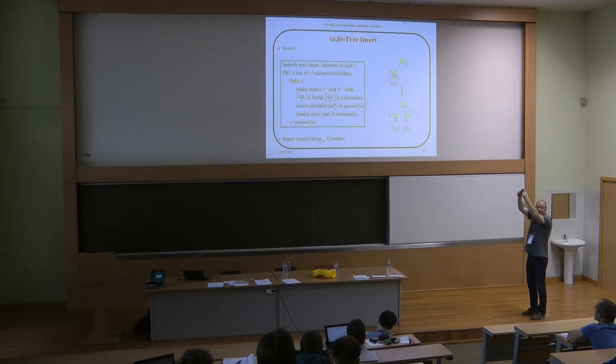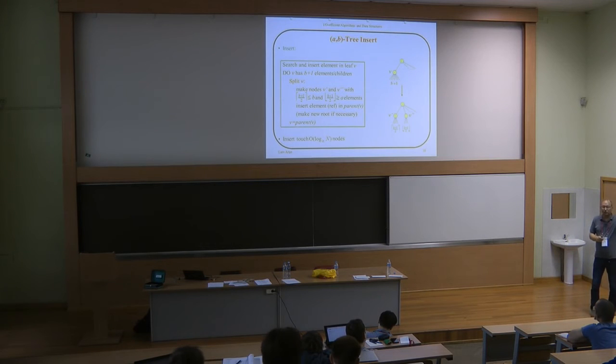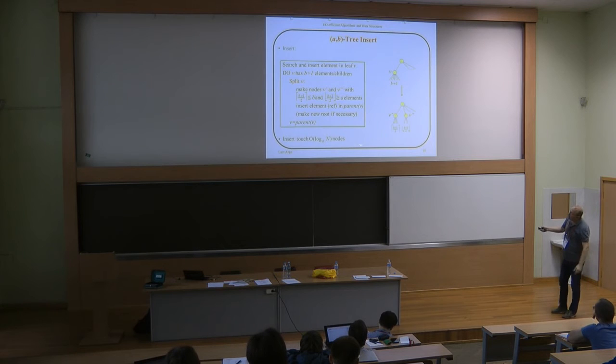Its parent got an extra. If it's okay, I stop. If it's not okay, I split that too. And I keep doing this until I find a node that's okay, or I hit the root, right? If the root contains b plus 1 elements, I split it into 2 and I make a new root. In any case, I only touch the height of the tree nodes, right? I go up one path of the tree.